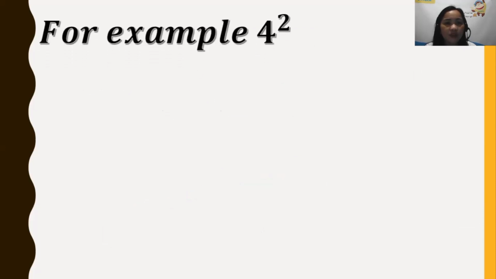Now let's proceed to the example 4 squared or 4 raised to 2. So here, our base is 4 and our exponent is 2. From the definition of exponent, the base is 4. Ito yung base natin. And exponent is 2.